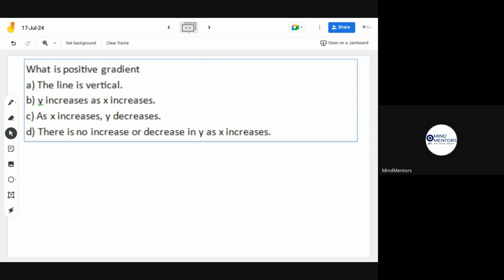Everyone thinks it is B, which is: y increases as x increases. Okay.